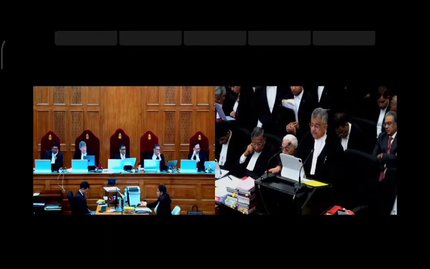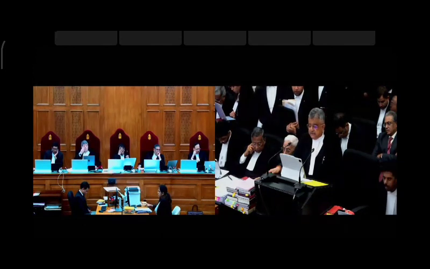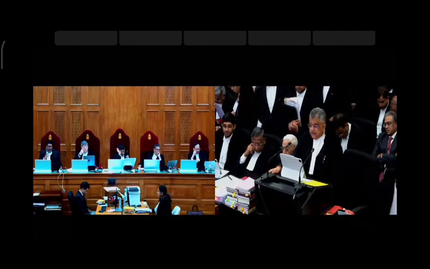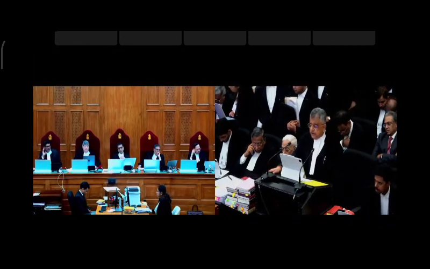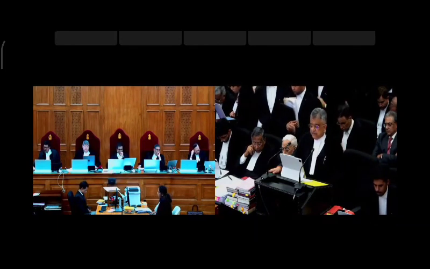All that the proviso to Article 3 requires is that in such cases the President shall refer the bill to the legislature of the states concerned likely to be affected to express their views. Once the views of the states are known, it is left to Parliament to decide on the proposed changes.